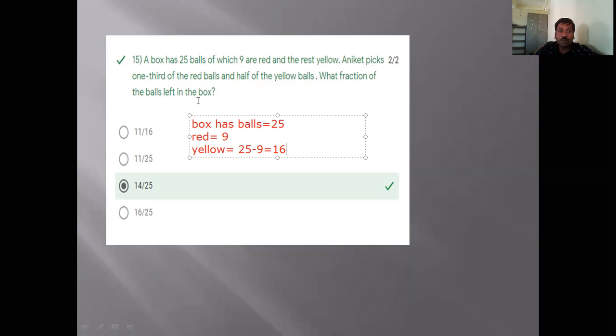So Ankit picks up red balls equal to one third of the red balls: 9 multiplied by 1 by 3.